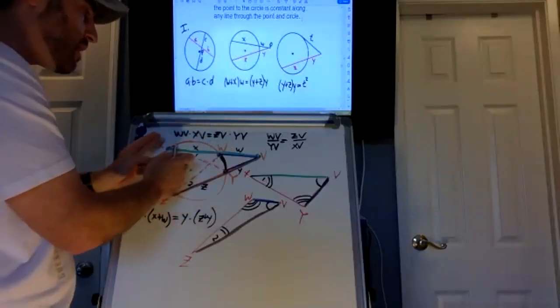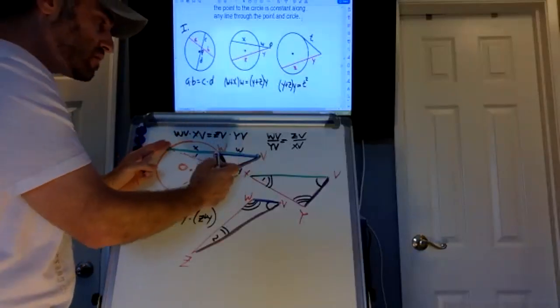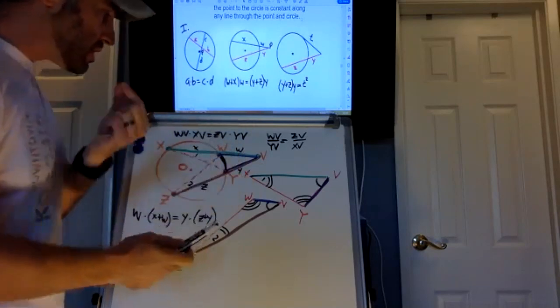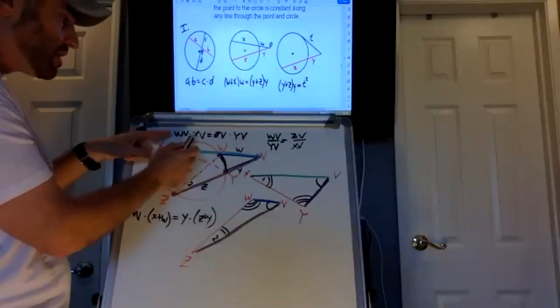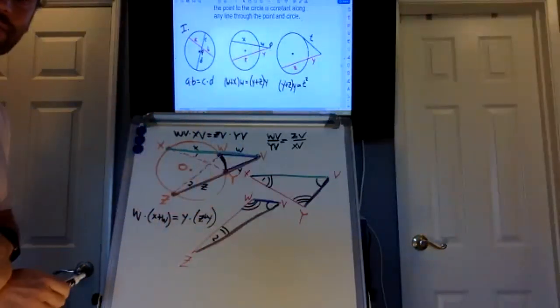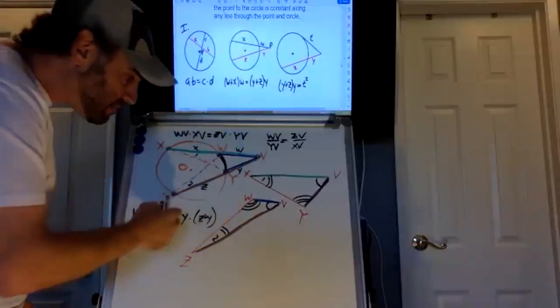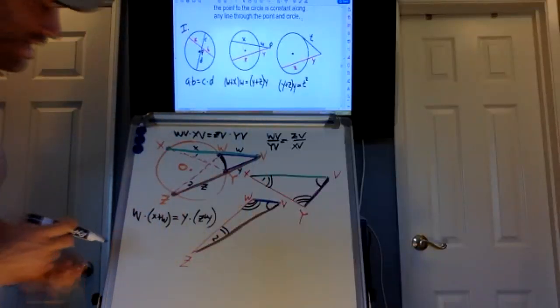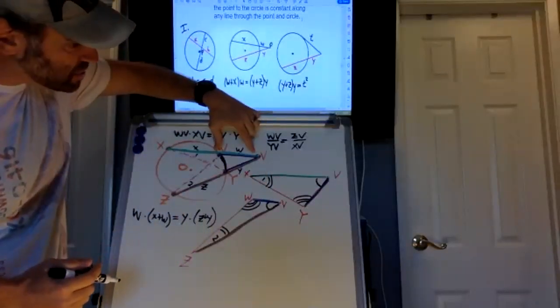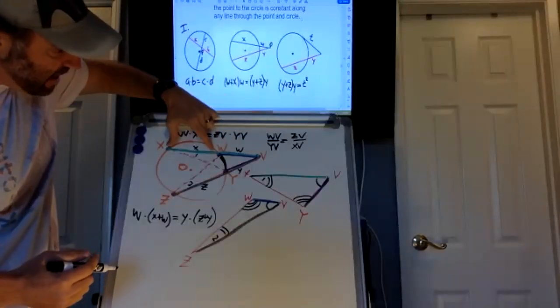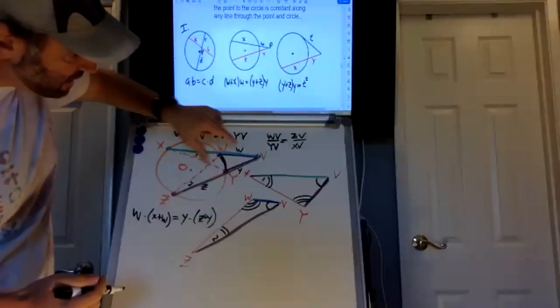And your brain might say, well, if I already used W, the student that gets this wrong is just going to say W times X is equal to Y times Z.